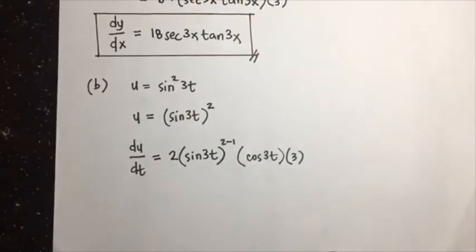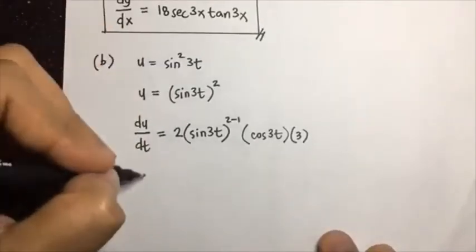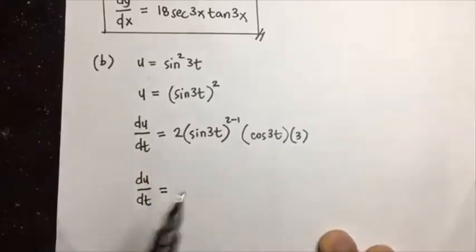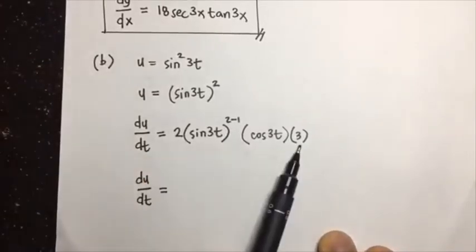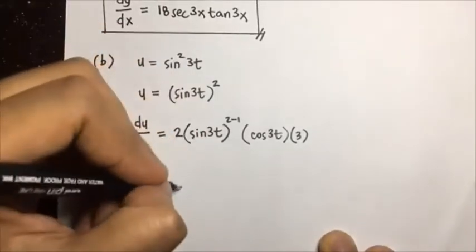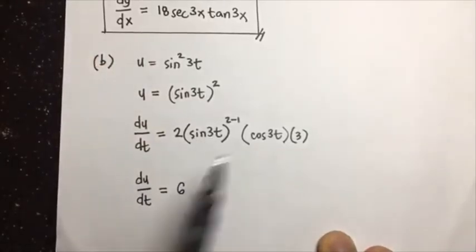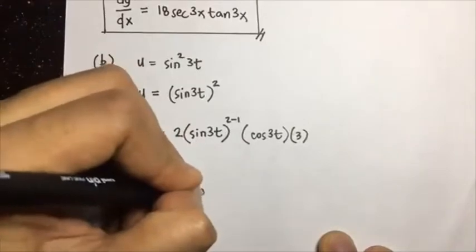That's the general power formula and the chain rule. So du over dt will become 2 times 3, which is 6, times sine 3t cosine 3t.